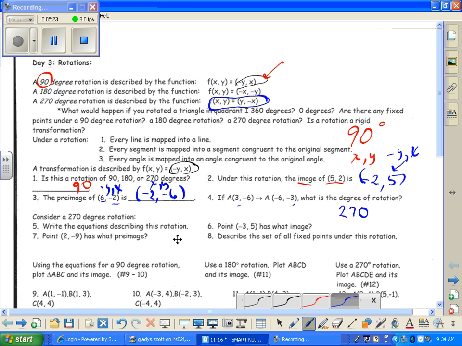Number 5, write the equation describing this rotation. Okay, the equation describing this rotation, and the rotation is 270. So that would be f(x, y) is equal to, so the 270 equation would be (y, -x).